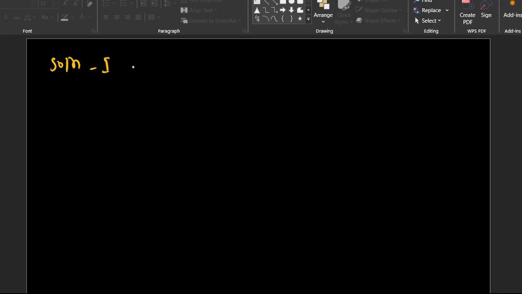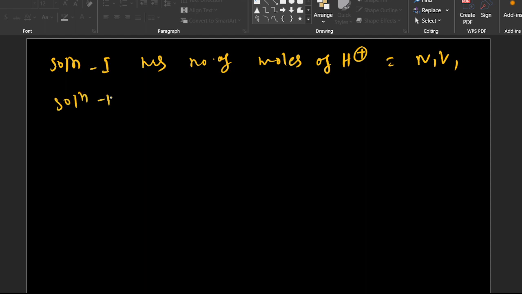for solution 1, the number of moles of H plus will be N1 V1, and for solution 2, that is the other acid, the number of moles of H plus is N2 V2.